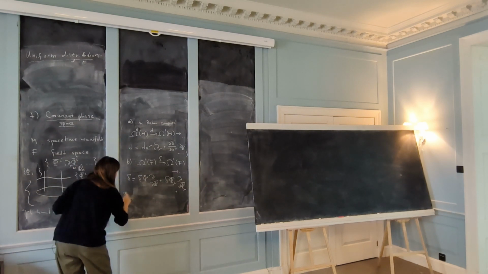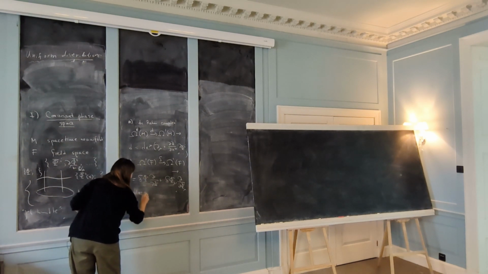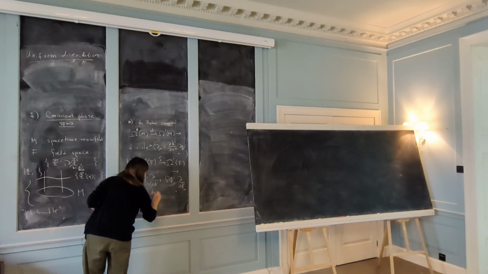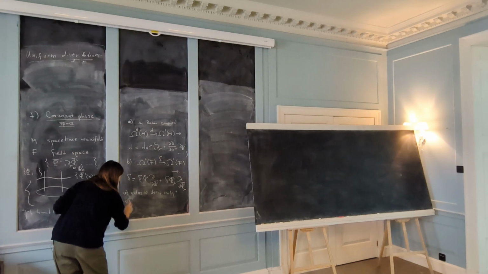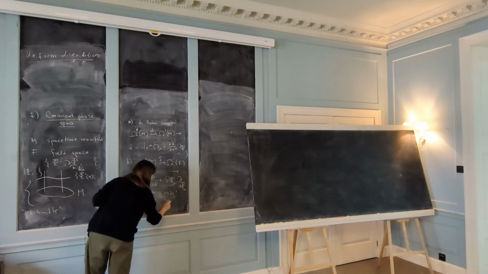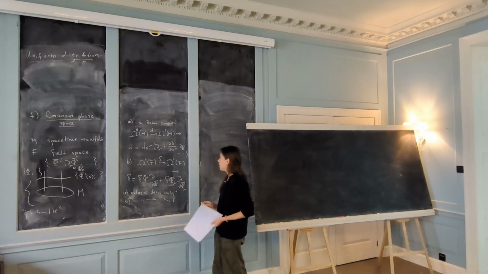So A is the exterior derivative on M, and B is the exterior derivative on F. We can also define interior derivatives.